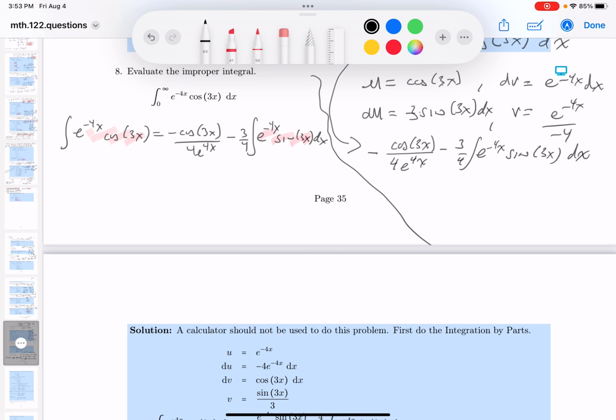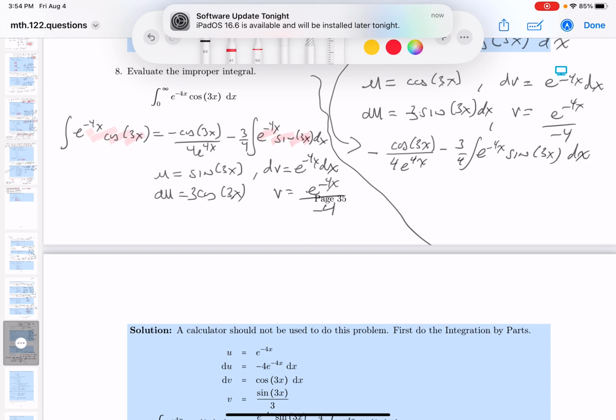If we've seen these before, by the way, I'll write down over here that u equals sine of 3x, and du would be cosine 3x times 3. This means dv would be e to the minus 4x dx, and v would be e to the minus 4x over minus 4.